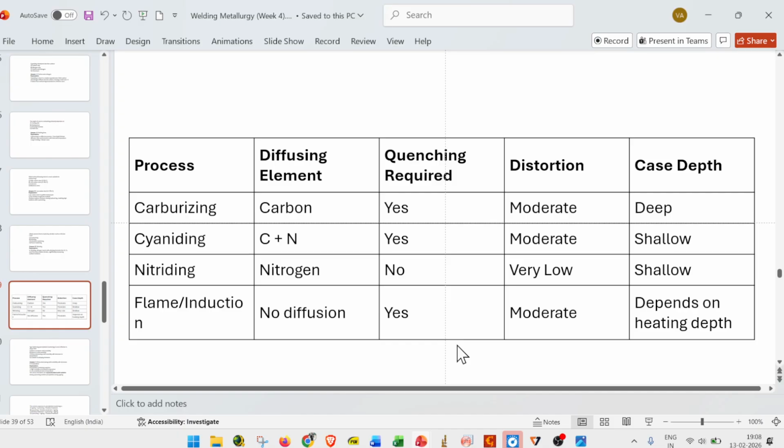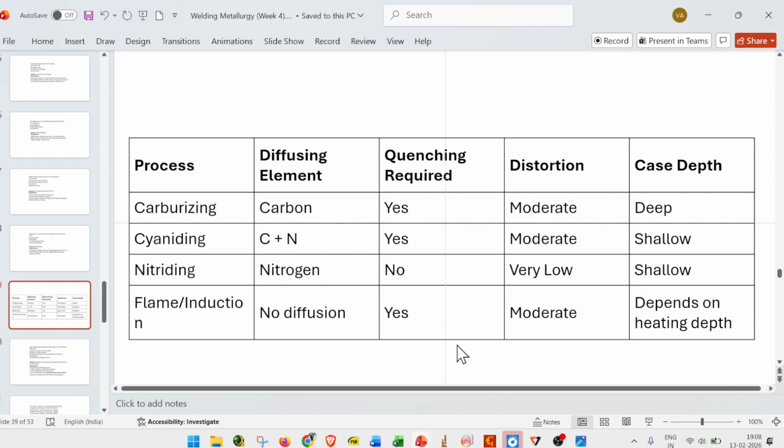And case depth, how deep we can get: in carburizing we can get a very deep case because of the higher temperature and higher carbon content. Cyaniding is shallow, nitriding is also shallow, and flame depends on the heat. Induction and flame hardening are similar processes.